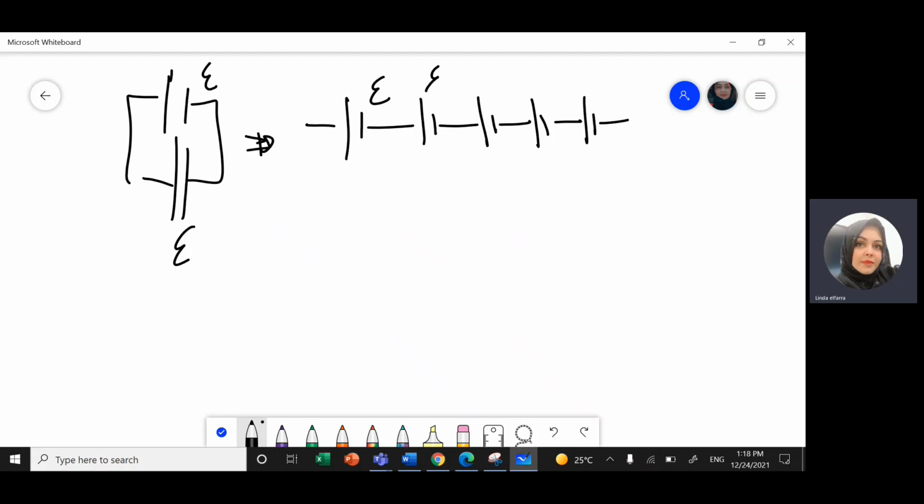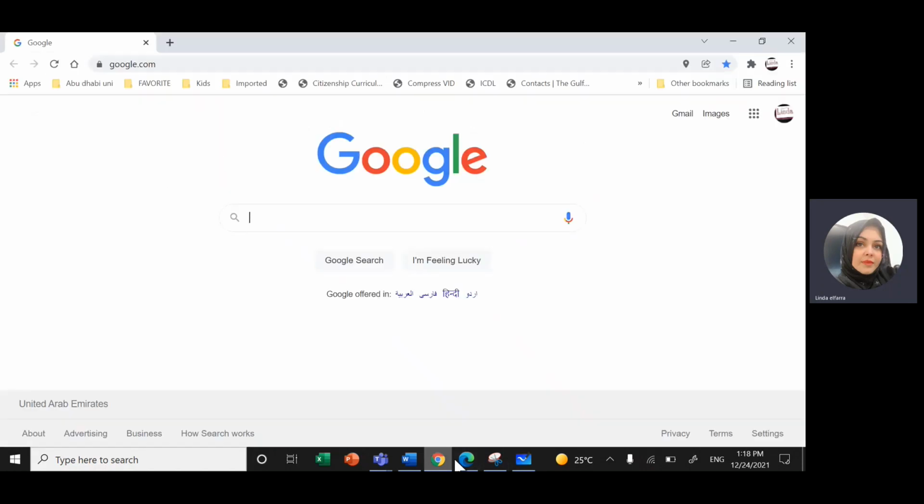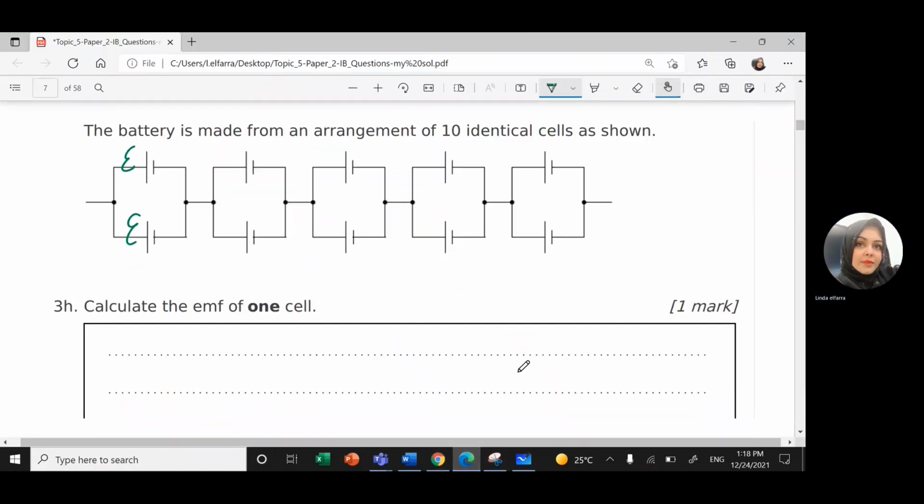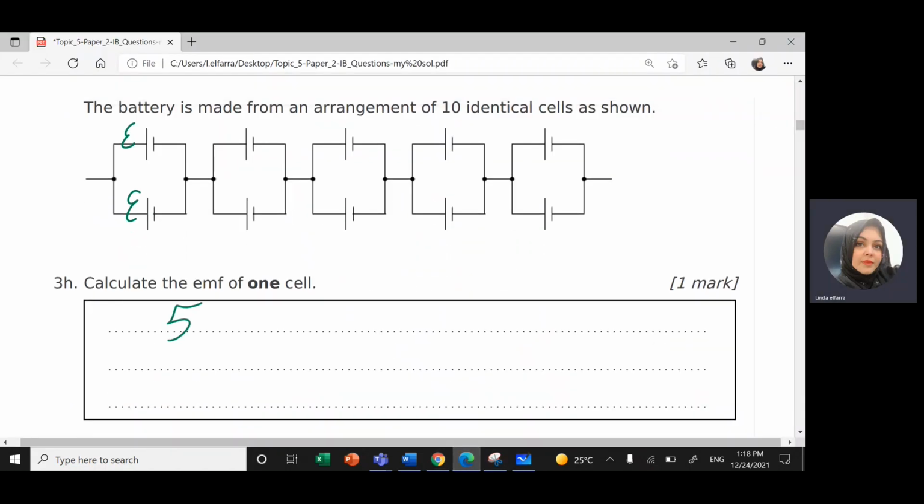Each one of them has electromotive force E. When they're connected in series, I'm just going to add the equivalent electromotive force, the equivalent voltage, just add them all. So it will be 5 epsilon, or electromotive force, will equal 16.